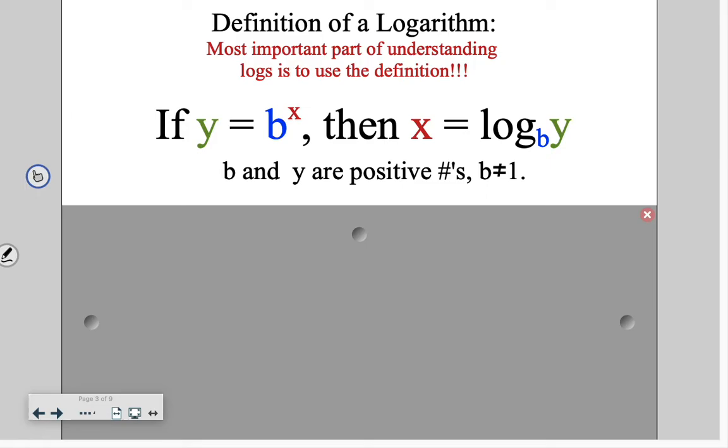So here's your y equals b to the x. There's your exponential equation. And then by definition, like I said, you could rewrite that in logarithmic form.